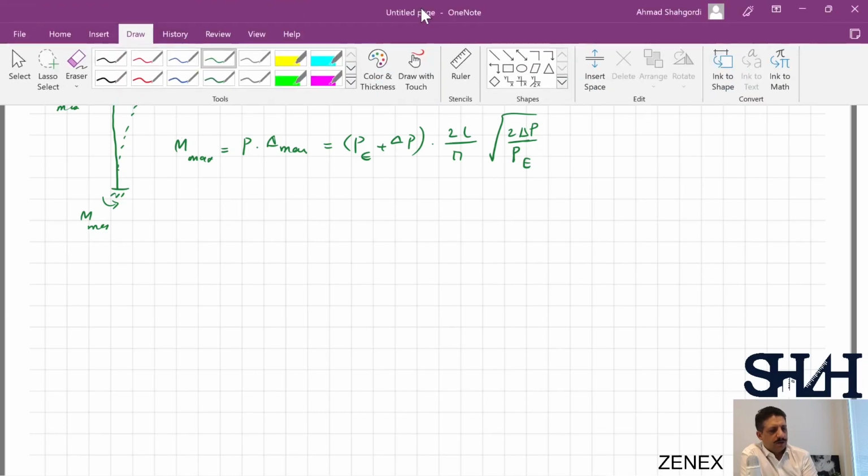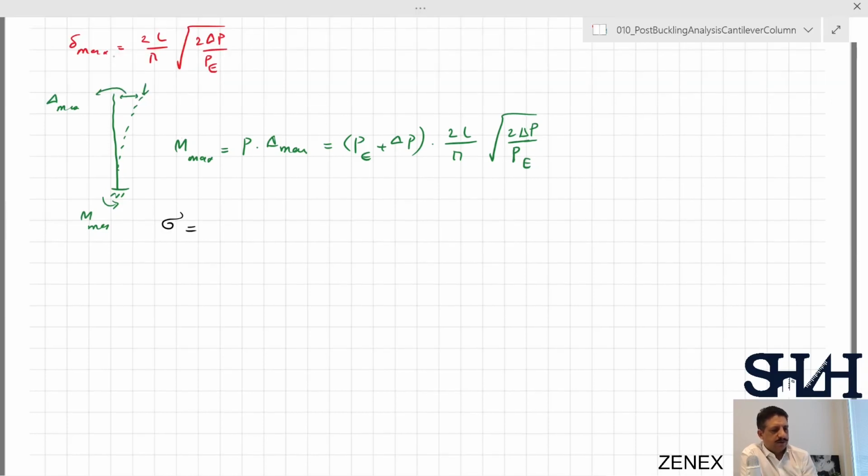And then we can also calculate the maximum stress, which is P divided by A plus M divided by W. So this is how we can calculate the maximum bending moment in this section.